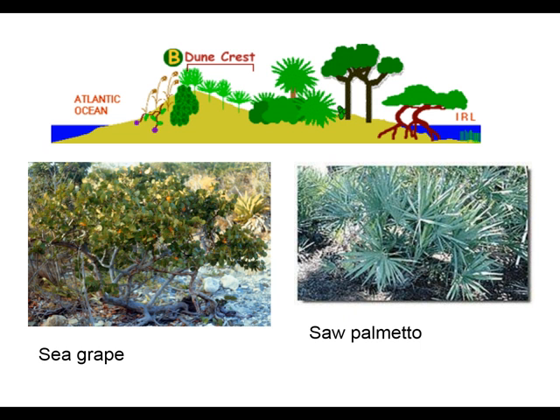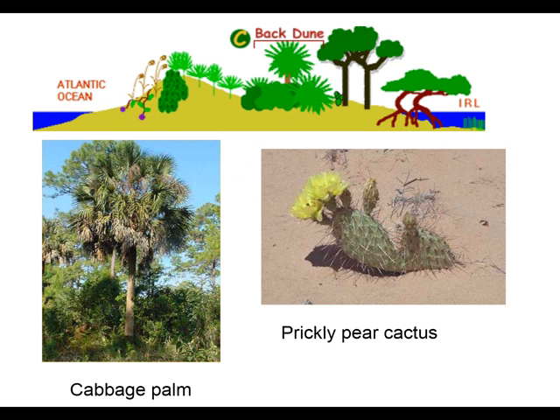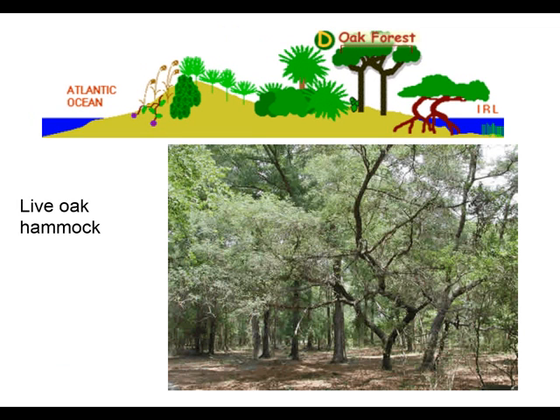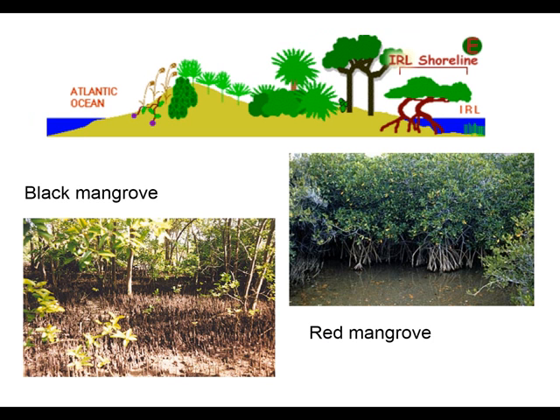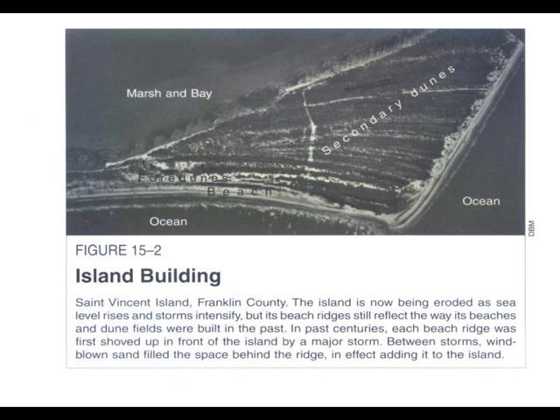As you move into the dune crest, those islands have sea grape, which I don't believe we'll encounter on the Alabama coast. Saw palmetto is quite common. Moving to the back dune, we get cabbage palm, and oftentimes we see prickly pear cactus. I'm also not sure that either of these is going to be common in any of the beaches that we would visit. Live oak hammocks, and then the mangroves to the rear. I know we won't see those.